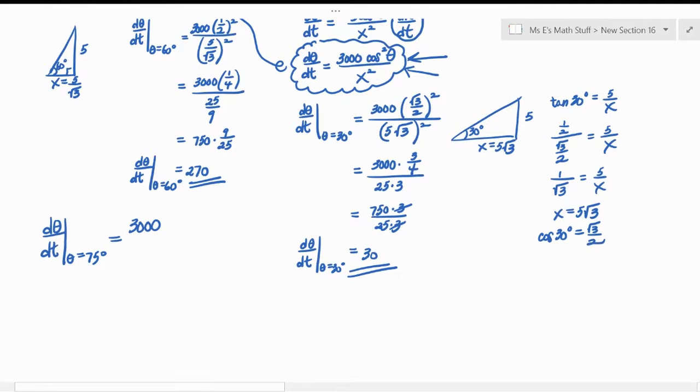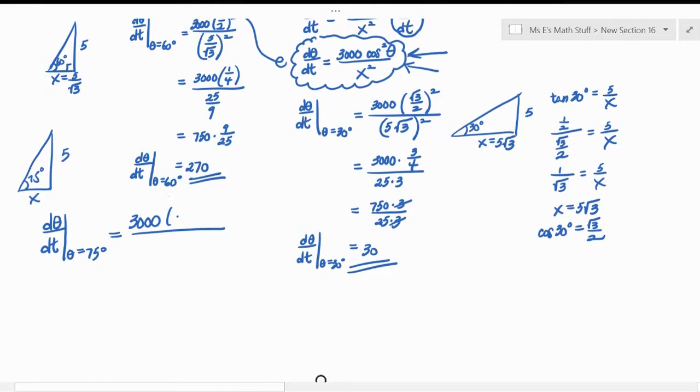Let's get a picture here. Pretty steep angle this time. 75 degrees, opposite over adjacent. This time I would probably go ahead and use a calculator for part of it. For example, for cosine of 75, you could really go for it and think of 75 as 30 plus 45 and use the sum angle formula, but I'd probably just use a calculator.